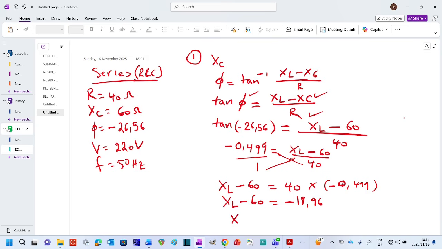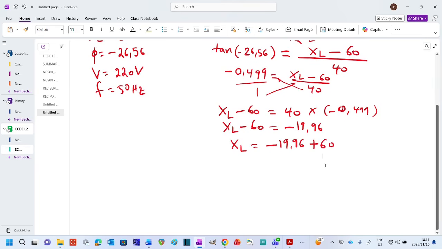So XL is equal to minus 19.96, minus becomes plus 60. In the end, we get a positive answer. So XL is equal to 40.04 ohms. That is the answer for XL. So that's how we got XL.